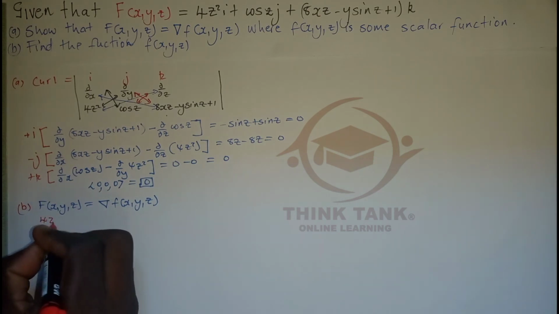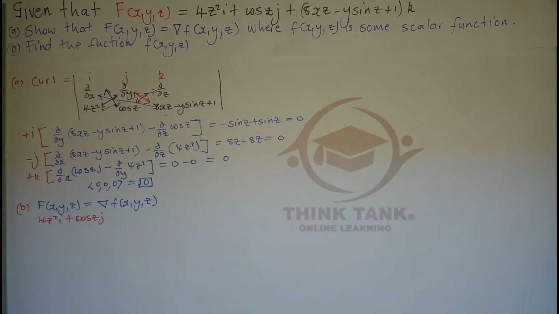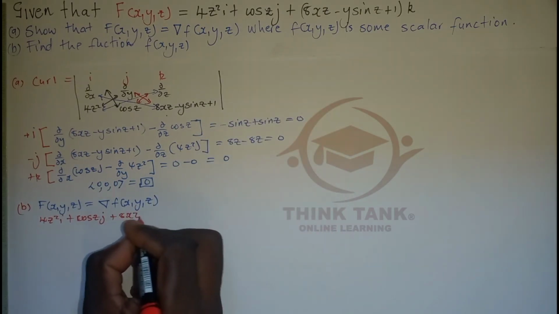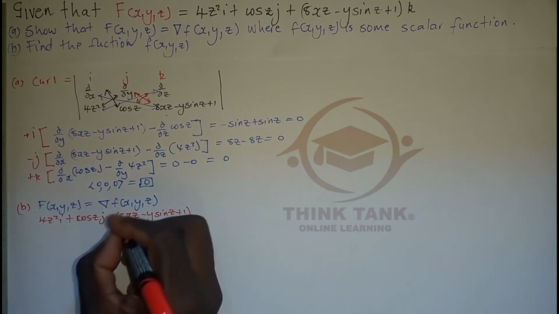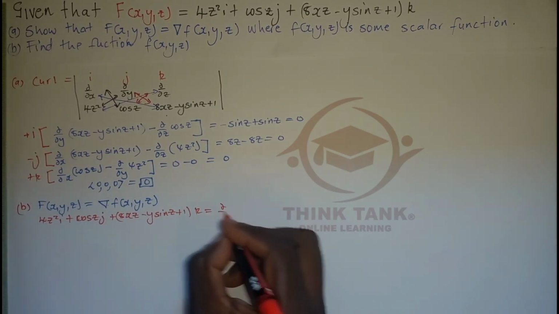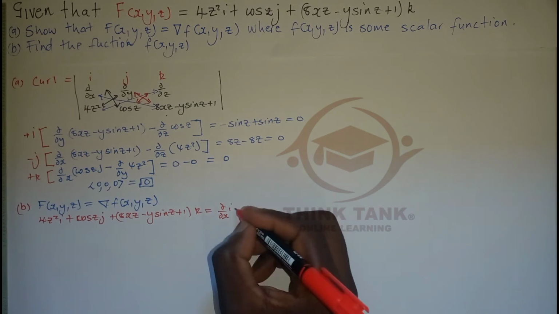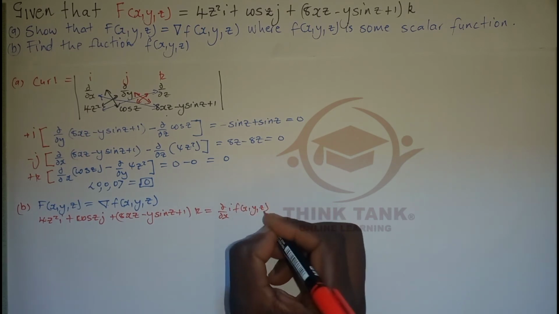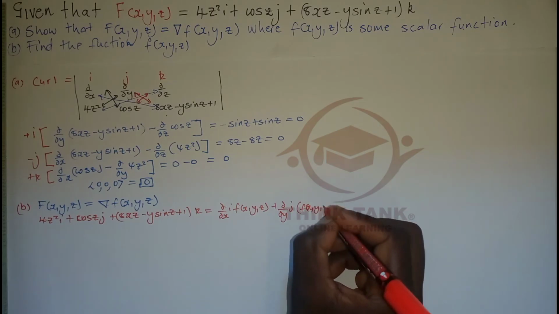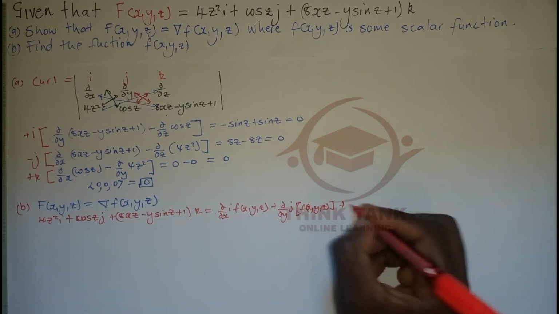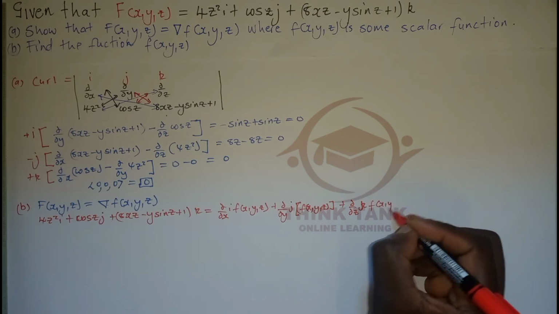On one side we have 4z² i + cos z j + (8xz − y sin z + 1) k. We equate this to partial x of f(x, y, z) i plus partial y of f(x, y, z) j plus partial z of f(x, y, z) k.